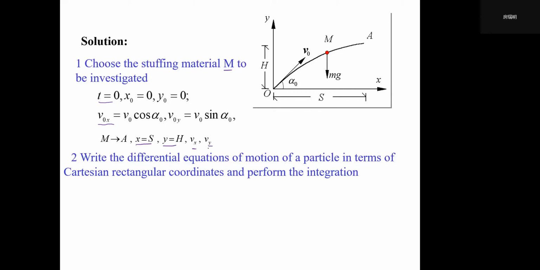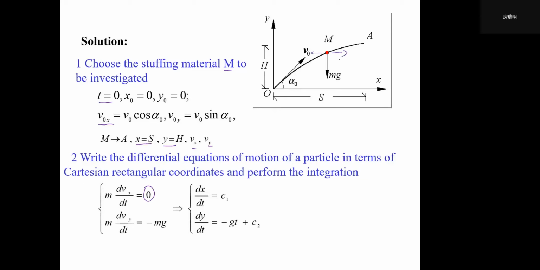So Vx and Vy. Then we write the differential equations of the motion of a particle in terms of Cartesian rectangular coordinates and perform its integration. So m dvx/dt, that is m ax, is always 0, because this particle has no external forces along the horizontal line, along the x direction. So this one will always be 0. So we have dx/dt must be a constant, but we don't know that yet.